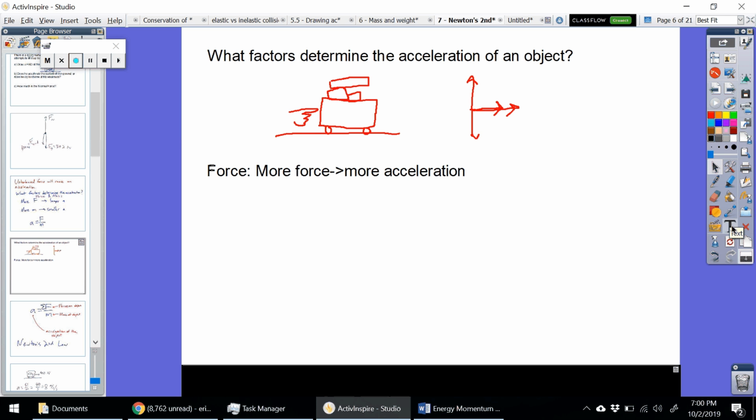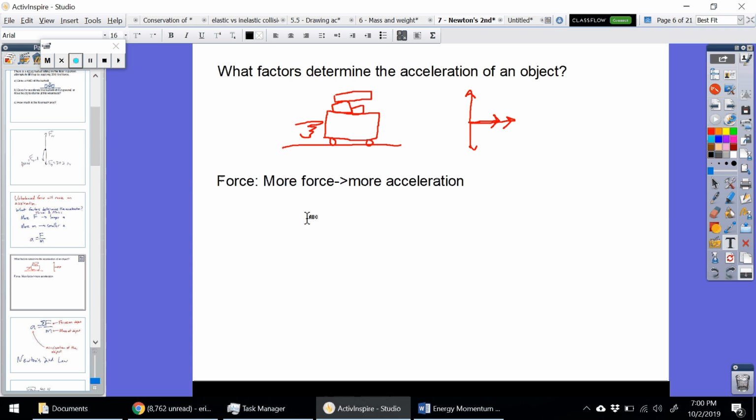So even if I push with the same amount of force, the acceleration of the object will not be the same anymore. Why? Because it has more mass. As you learned on Friday, the mass affects acceleration. If you have more mass, this should result in less acceleration, all right?